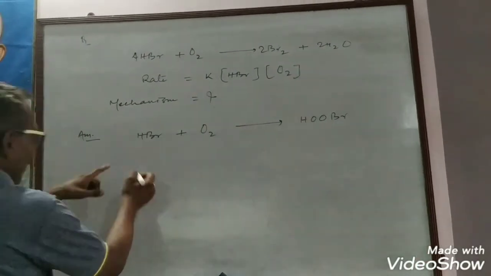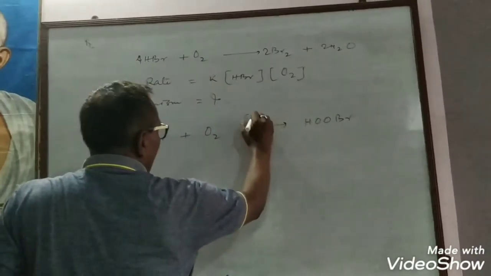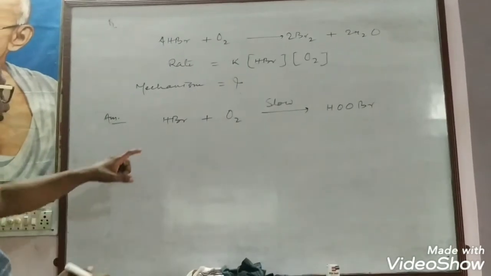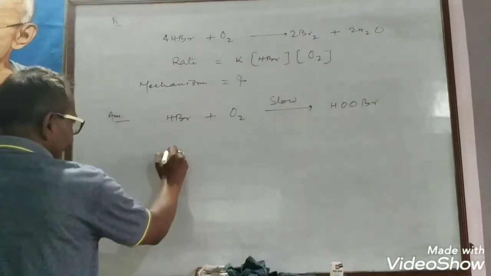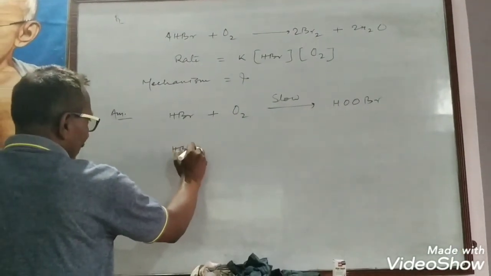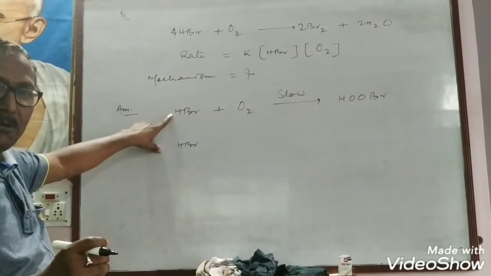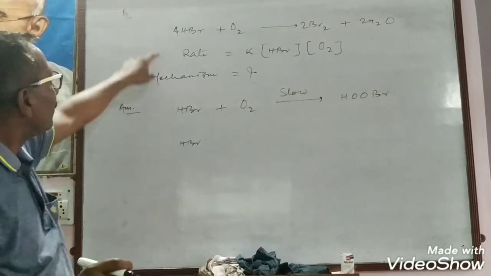Now, this one is slow step because this comes from rate law. Now in second step, we have to use HBr, but this HBr in how many moles? 1 mole I have already taken.